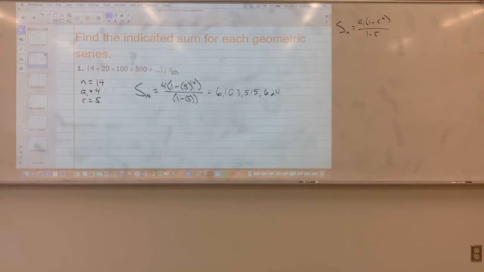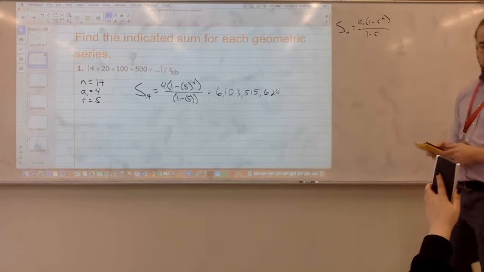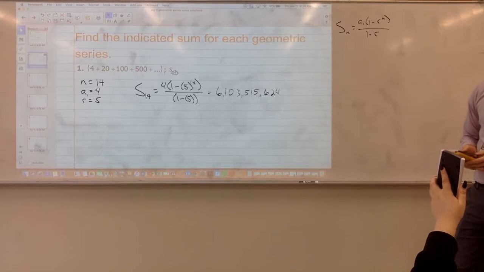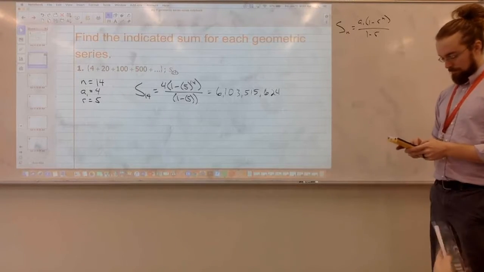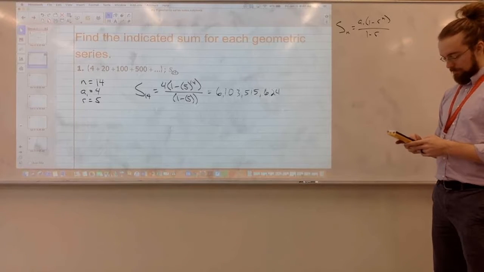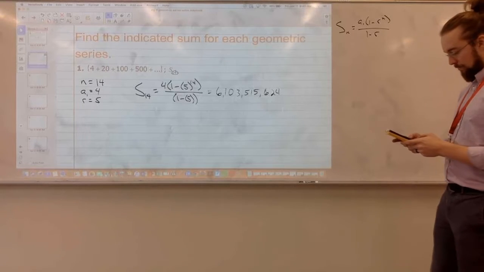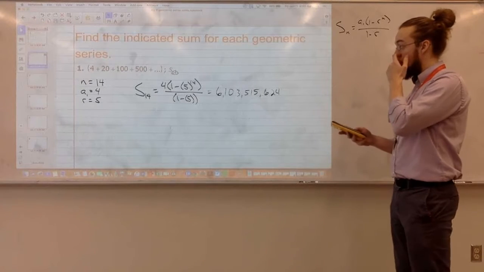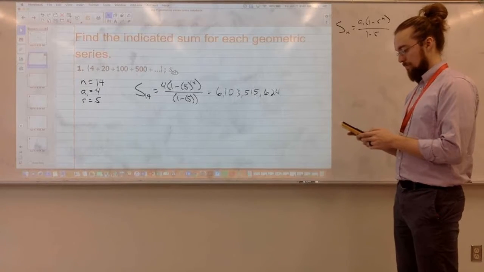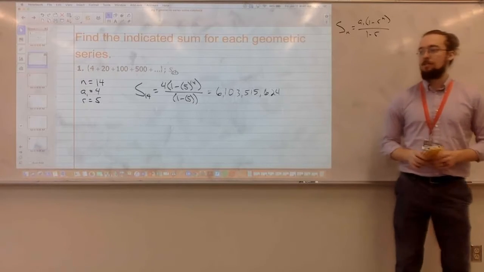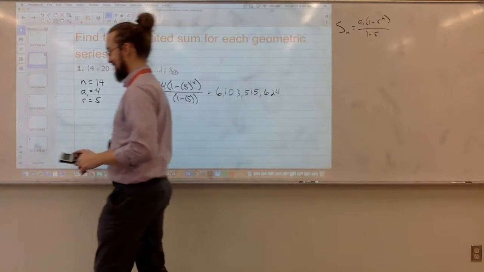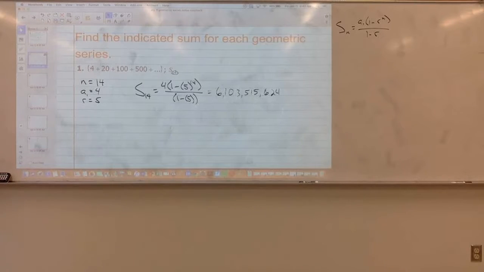Oh, you're missing a set of parentheses. So it raised 5 to the 14th power. Never mind. Yeah, that's what it is. I think that should be our answer. Yeah, everyone stops second guessing.